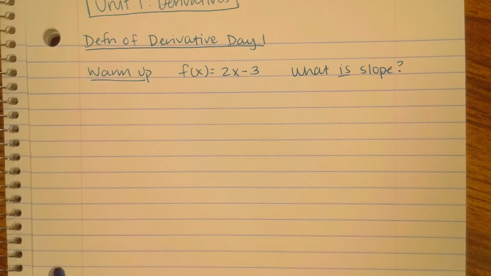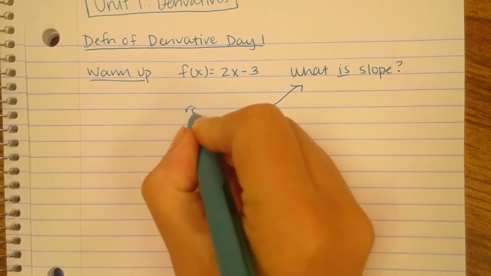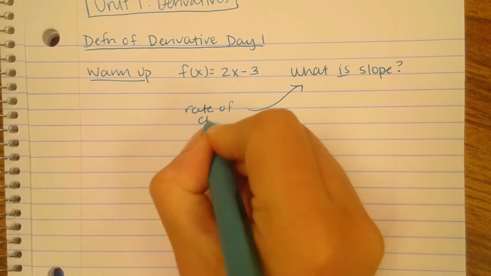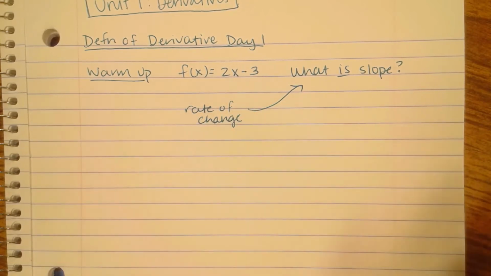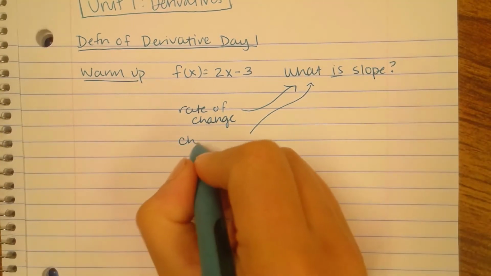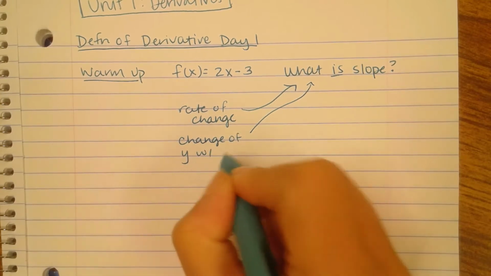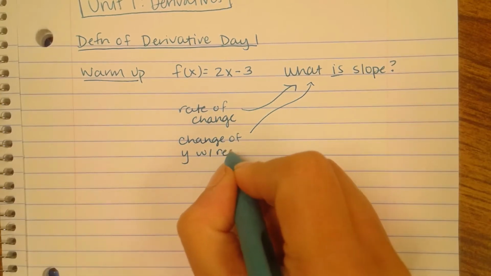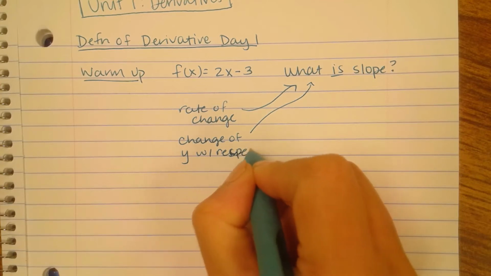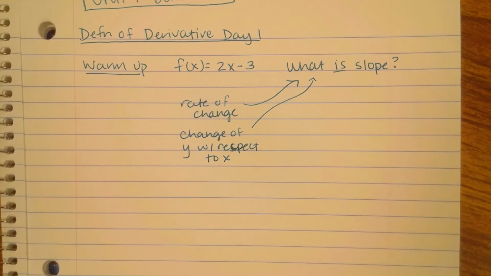You might be thinking, well, I know that slope is some sort of rate of change. And definitely, you're right. Specifically, we can describe slope as the change of y with respect to x. So for every unit change in x, y increases or decreases this much.